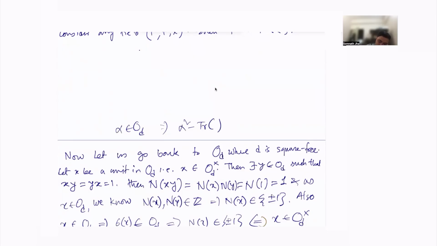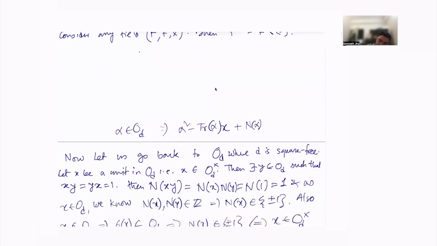Alpha belongs to O_D, and alpha satisfies alpha squared minus trace of alpha times x plus norm of alpha equal to 0. So f of x equals x squared minus trace of alpha times x plus norm of alpha, which belongs to Z[x], and f of alpha equals 0.